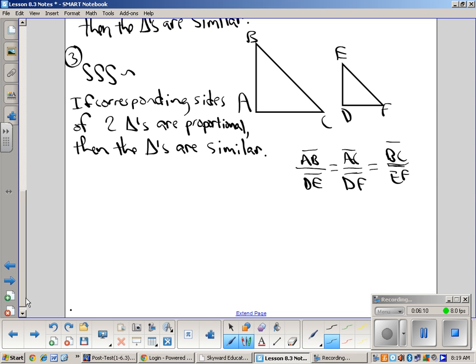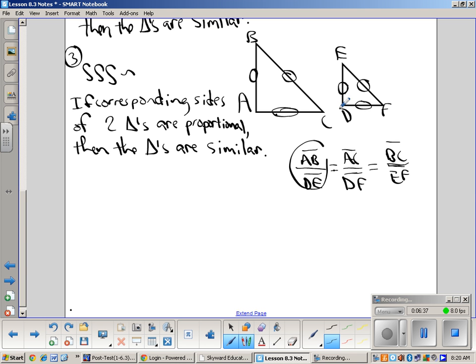But if I know all three sides are proportional, if I know AB is to DE as AC is to DF as BC is to EF, if I know that's true, then that's enough to say these triangles are congruent. Are similar. Sorry, misspoke. These two triangles are similar.